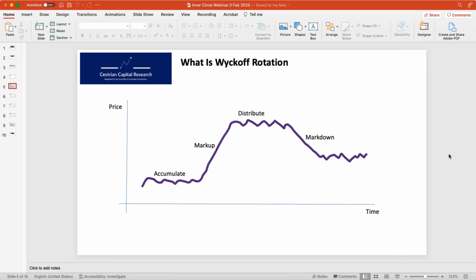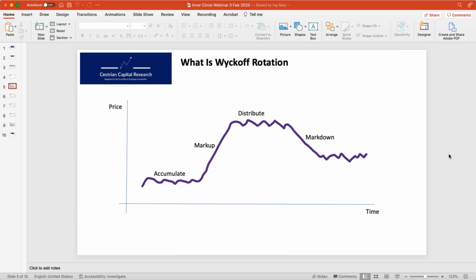Okay, so what is Wyckoff rotation? Well, the theory, this is an idealized motif, if you like, and the notion here is that stocks move in roughly this sort of formation, and by stocks, Wyckoff didn't mean any stock. He didn't mean this week's hot gizmo.